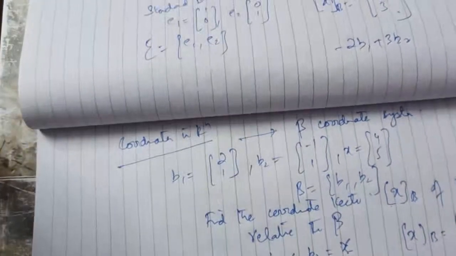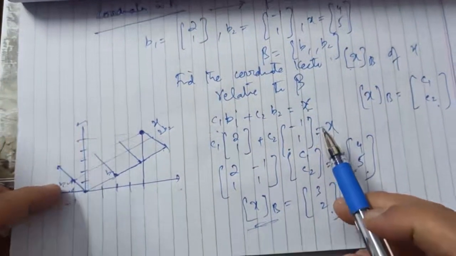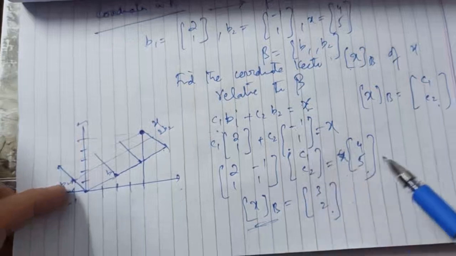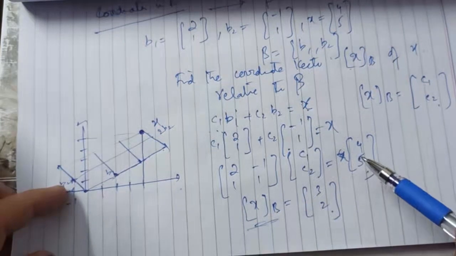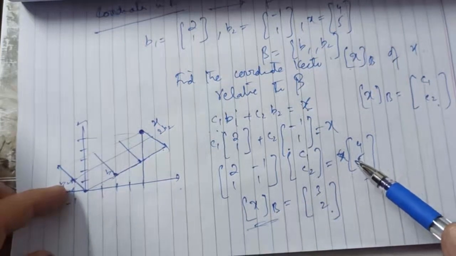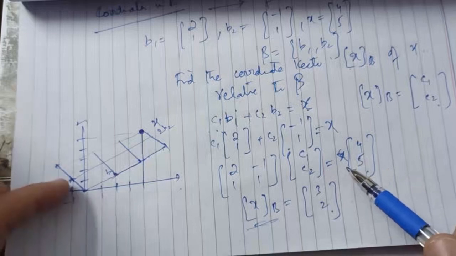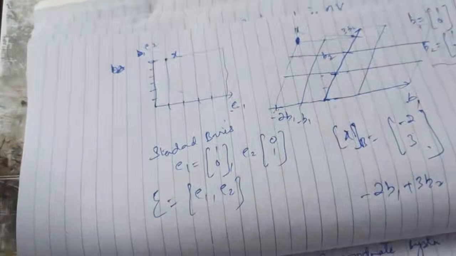Okay, so from here we can see that we can change the beta coordinates of vector x into standard coordinates for x, and we can also do the opposite: we can have the standard coordinates for x, and change it into beta coordinates of x. Okay?